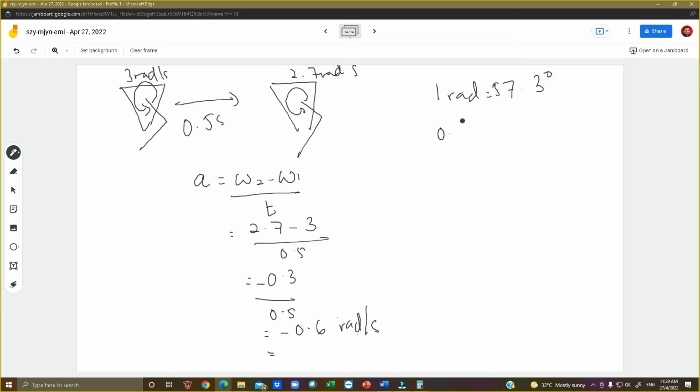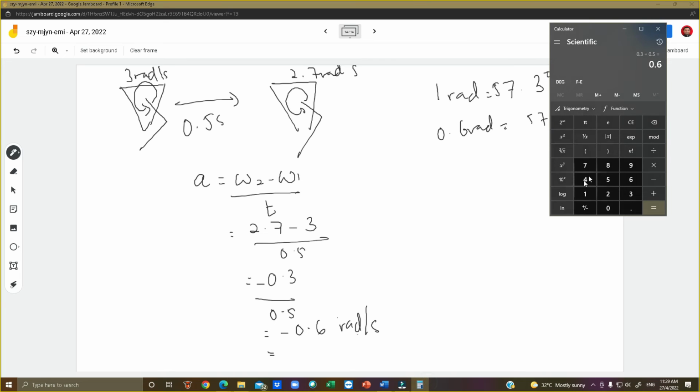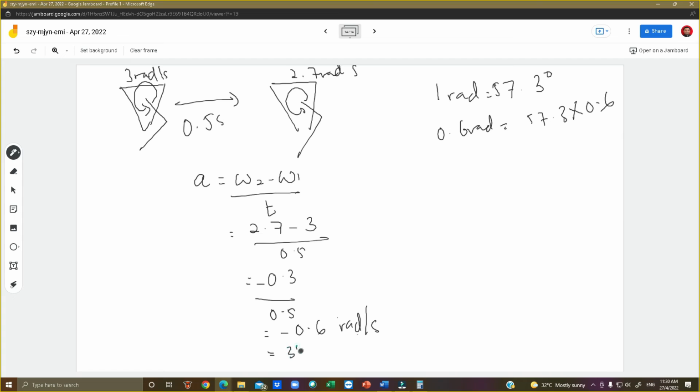So kalau 0.6 rad sama dengan 57.3 kali dengan 0.6. 34.38. Salah. 34.38 ataupun 34.4. Negatif 34.4 degree per second.